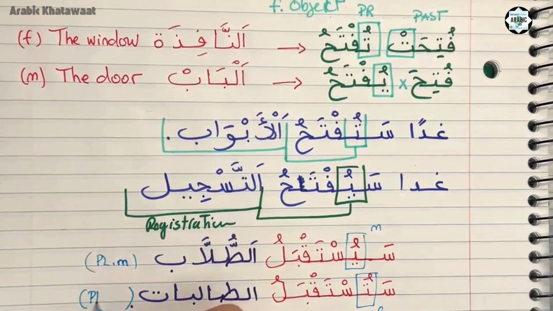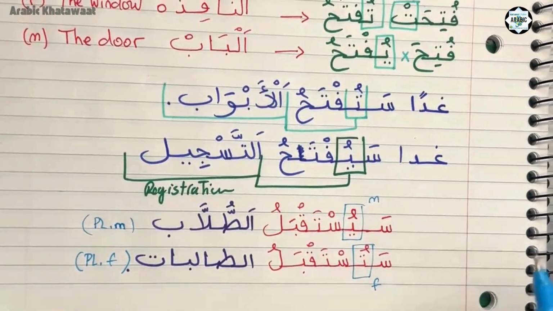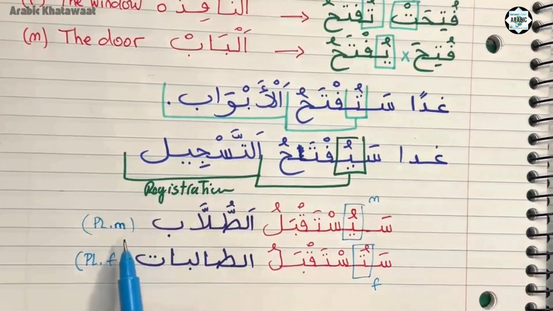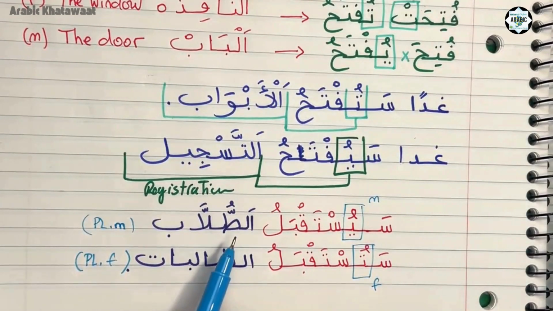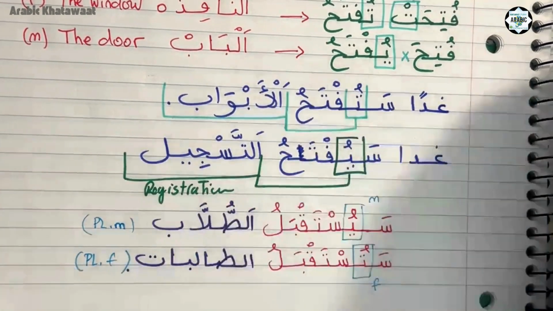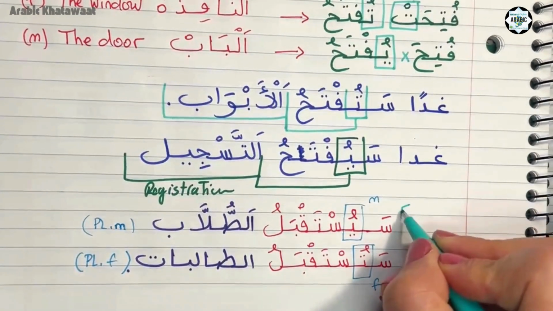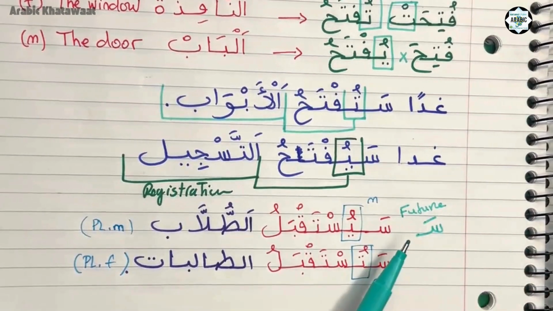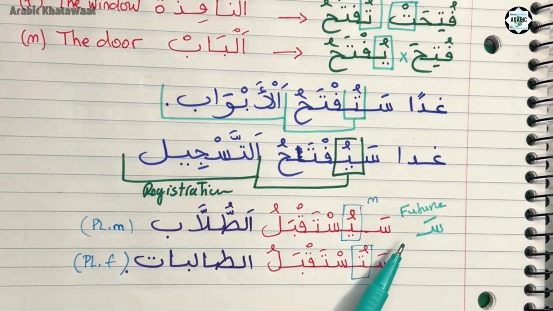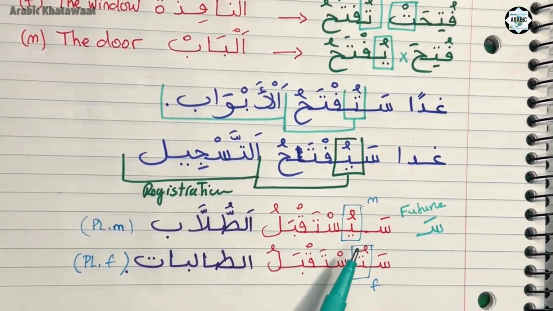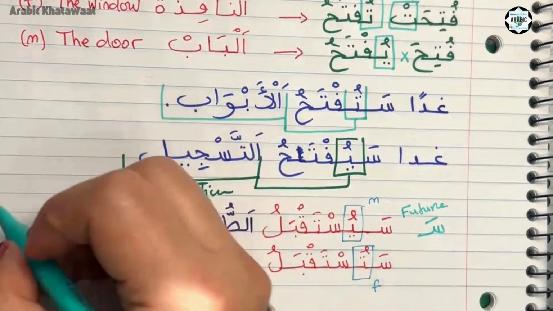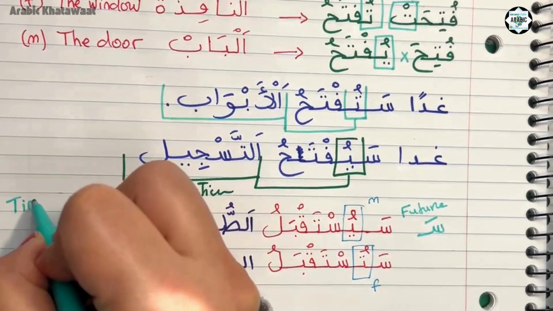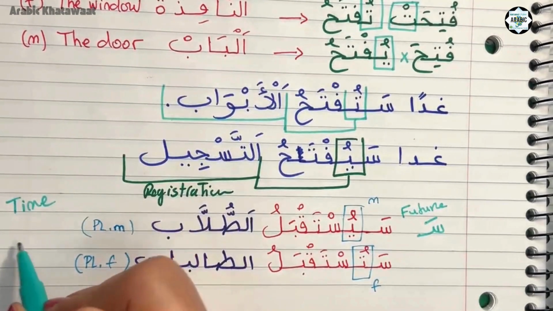And then here, plural feminine. So what you have, you can say سيستقبل الطالب. You can even use الطالب, the student will be received, or الطالبة, the student will be received, ستستقبل. I made sure I use the future tense here, using س. Even if I have decided to take away the future, nothing is going to change. I would say يستقبل الطلاب, and I have to use time. I can say every day, every morning.